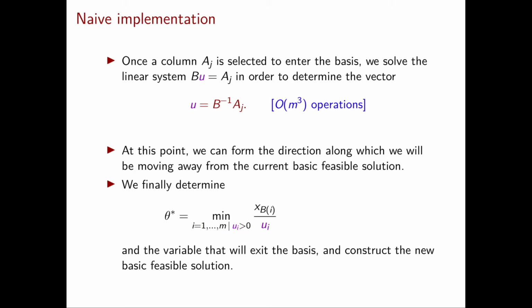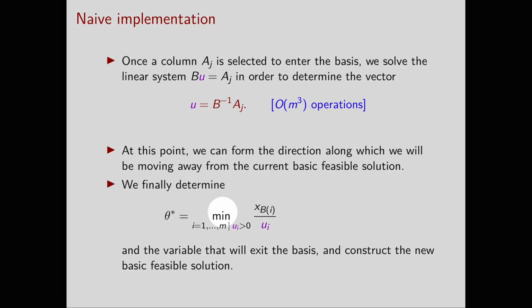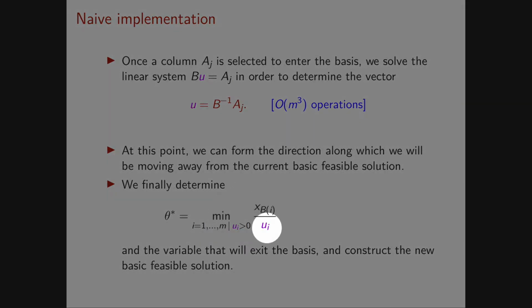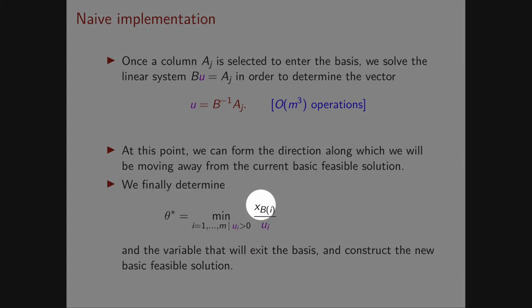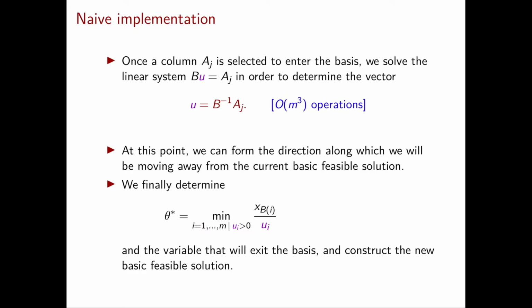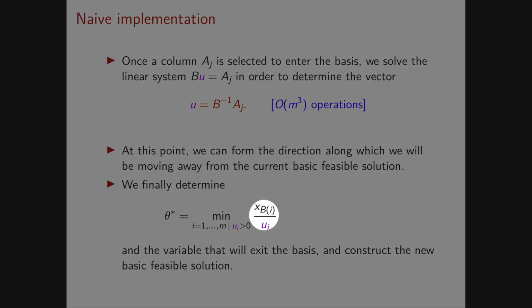The next step in our simplex method is that of computing theta star, which tells us how far along the jth basic direction we're supposed to travel. The definition of theta star is the minimum of xBi over ui for i that ranges from 1 to m with ui strictly positive. At this point we have all the xBi's available and we have computed all the ui's, so with at most m operations we can compute all these ratios.